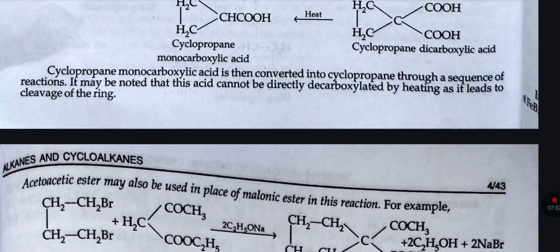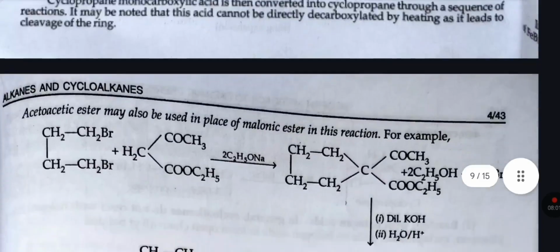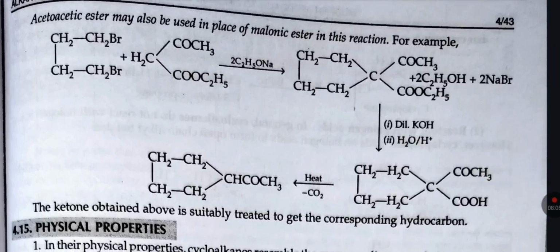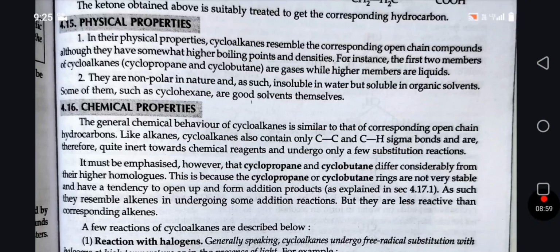It may be noted that this acid cannot be directly decarboxylated by heating as it leads to cleavage of the ring. Acetoacetic ester may also be used in place of malonic ester in this reaction. For example, as shown in this figure, the ketone obtained above is suitably treated to get the corresponding hydrocarbon.